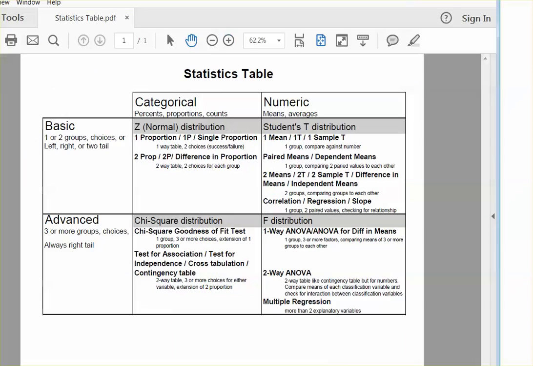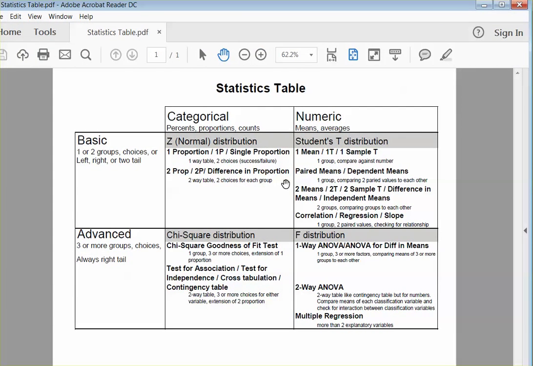So then trying to figure out which test. So numeric advanced F distribution, which one of these? Well, for this one, more than 2 explanatory variables, I don't think there's any multiple regressions in this test, but two-way table, compare means of each classification.